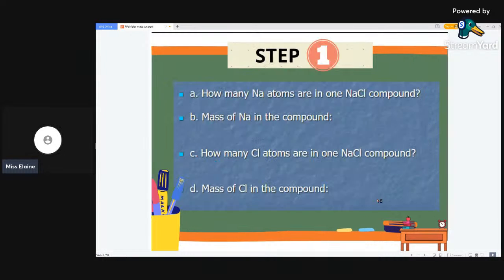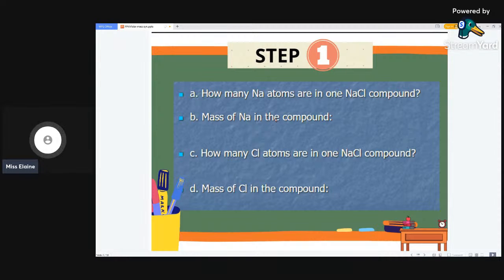So now, step 1: how many sodium atoms are in one sodium chloride compound? All you have to do is find the mass of sodium in the compound. We have here sodium and chloride. So, the mass of sodium in the compound. If you double check your periodic table, the atomic weight of sodium is 22.99.